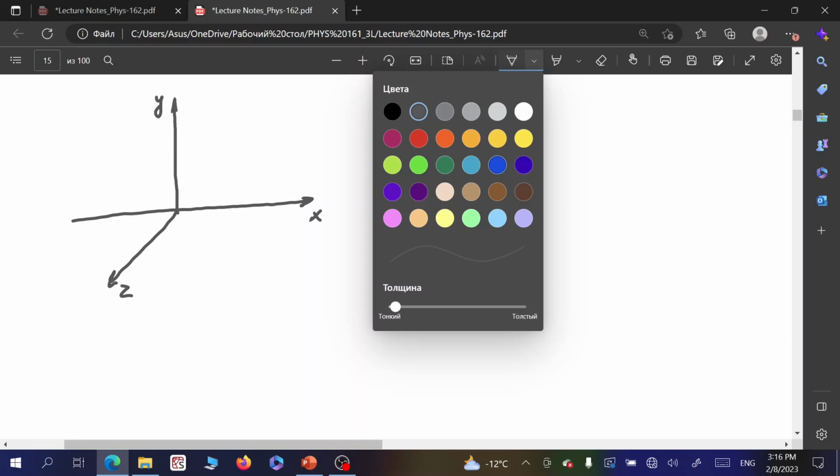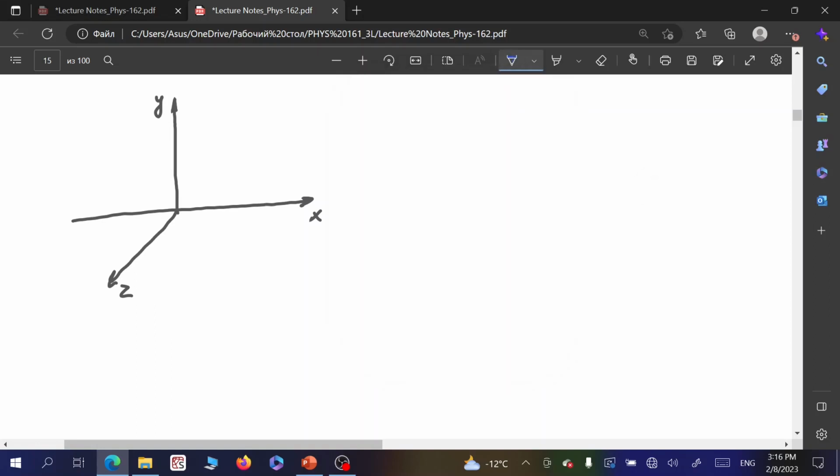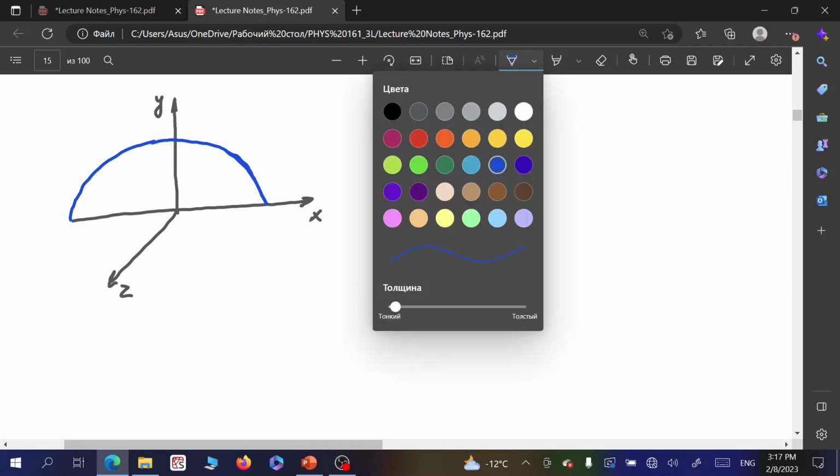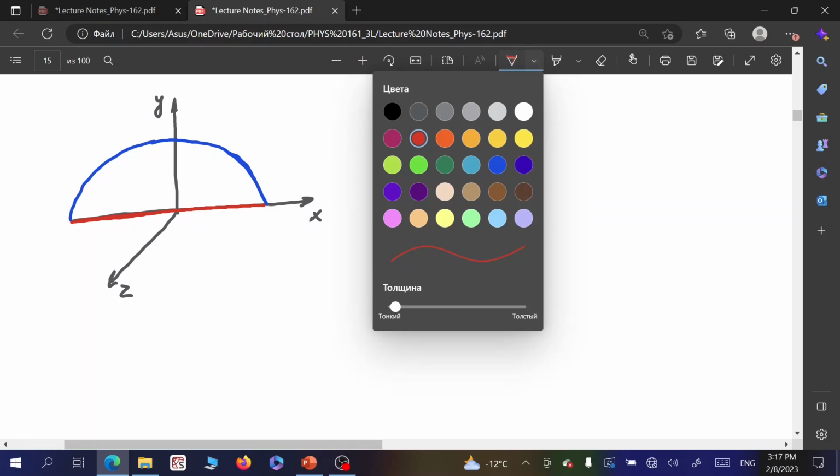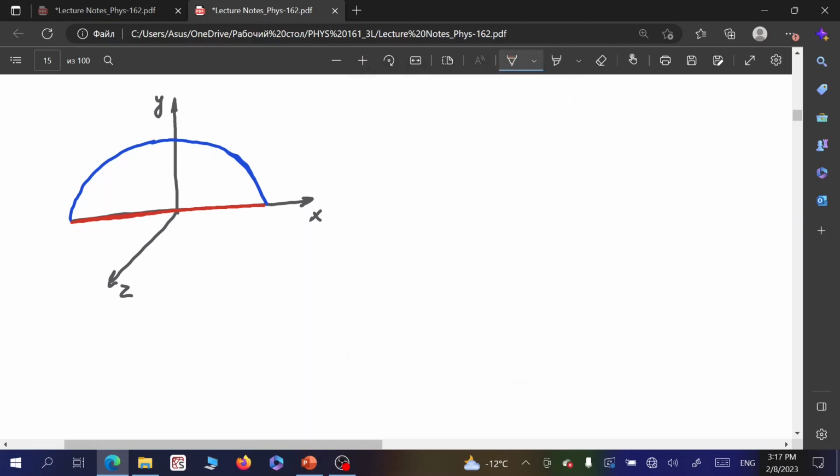We will have a conductor in the shape of a semicircle. That will be one part of this conductor, and then there will be another part here. It's a closed loop, and here we will have some current flowing.